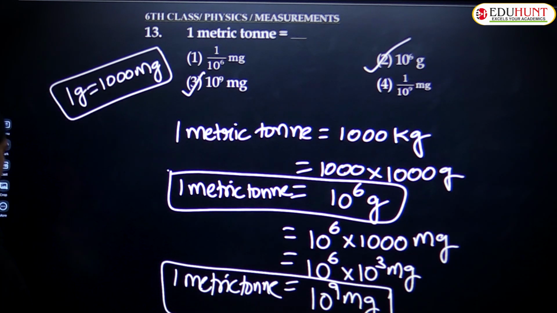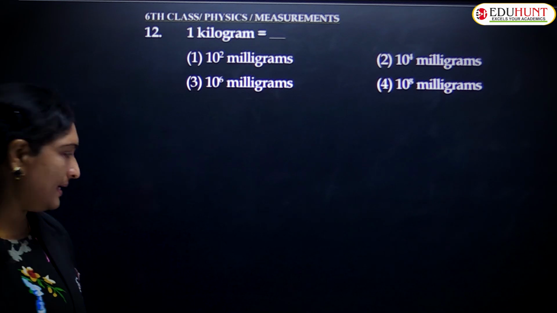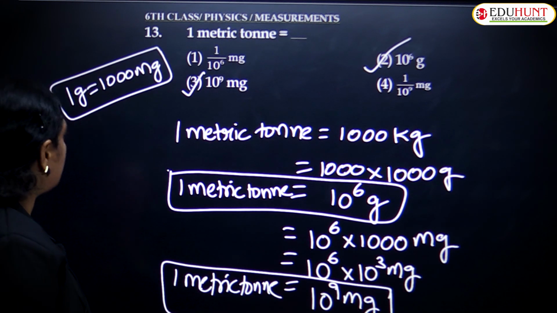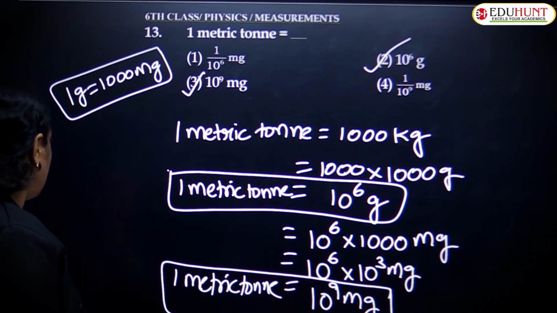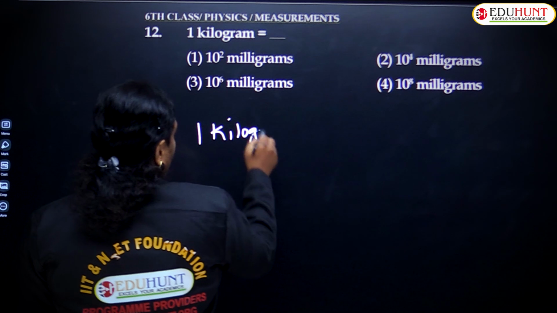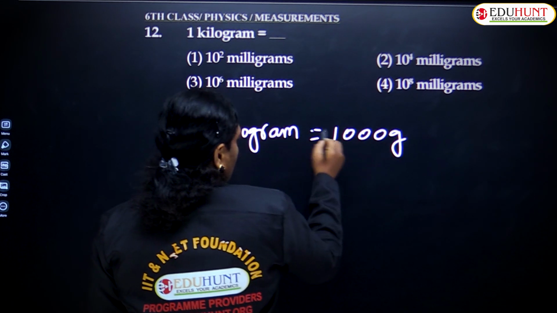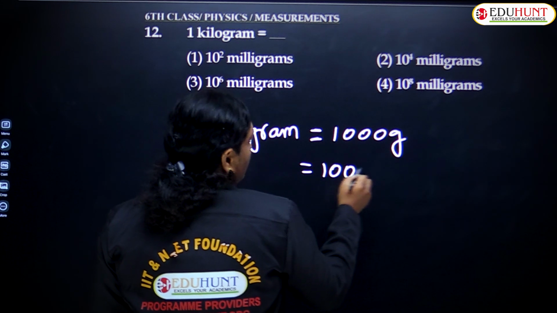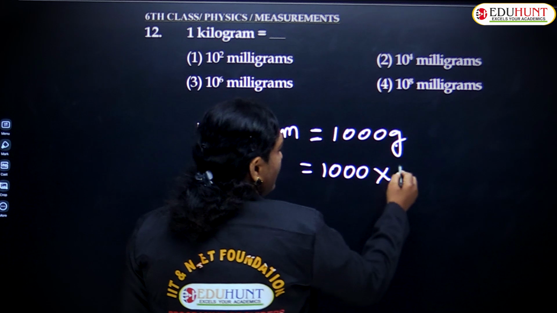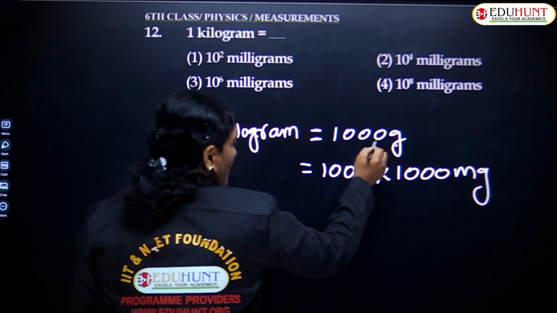Okay. So next question. 1 kilogram is equal to how many milligrams? Just now we calculated. 1 kilogram is equal to 1000 grams. This is nothing but 1000 into, again grams to milligrams is 1000 milligram. 1 kilogram is 1000 grams.